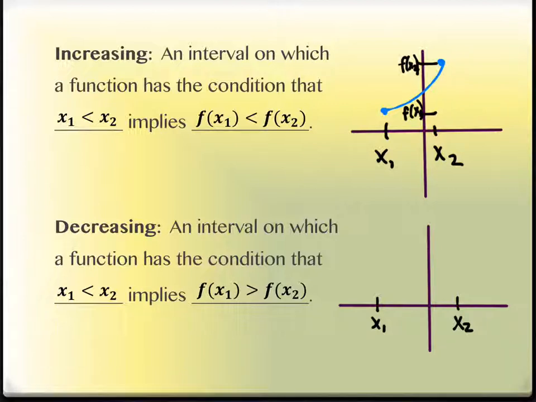So in some kind of a picture over here, here is f of x1 up higher, and here is f of x2 down lower. So my graph has a value right here, and then a value down here, the way that I've drawn it anyway. So it looks something like this. Now you guys know that we read graphs the same way we read English.